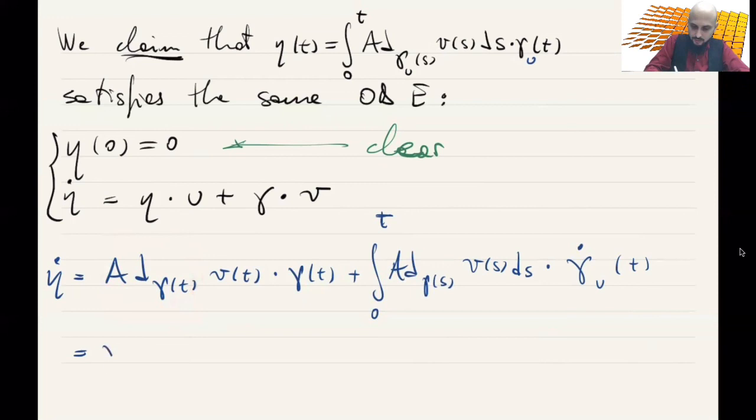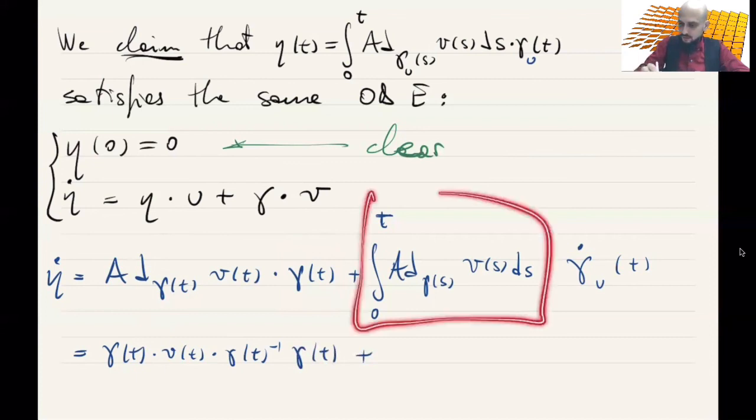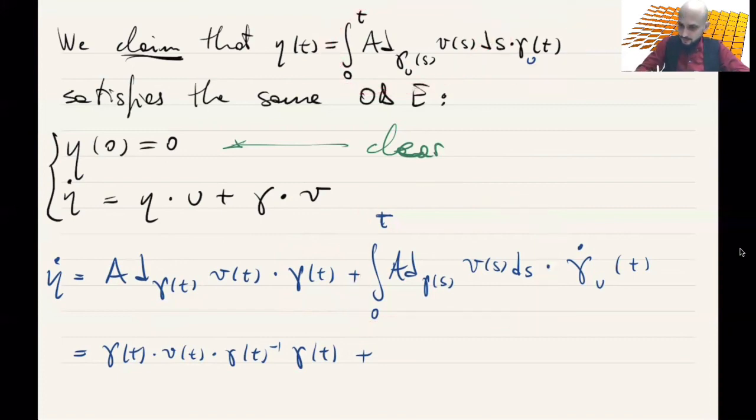So this is equal to gamma v gamma minus 1. Let me write the dependence on t: gamma(t) v(t) gamma(t) minus 1, and then I have one other gamma(t) here, plus, now what is this? This is the curve eta, except this part is missing. So let me write it as the curve eta(t) times gamma(t) minus 1. So I would kill this, and I wrote this part. And then I have gamma dot.